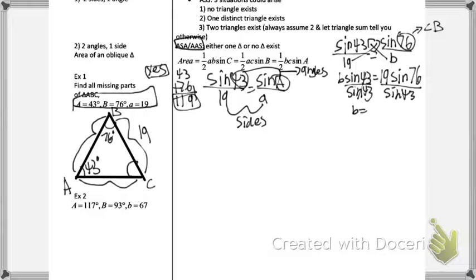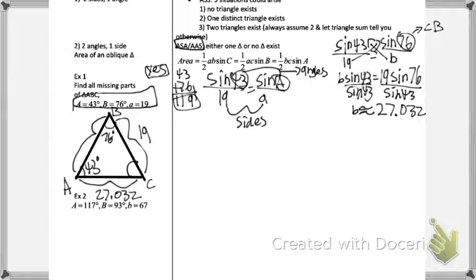So b is approximately 27.032. So side b equals 27.032. To find angle C, we just subtract 43 and 76 from 180, but we already added those: 43 plus 76 equals 119.